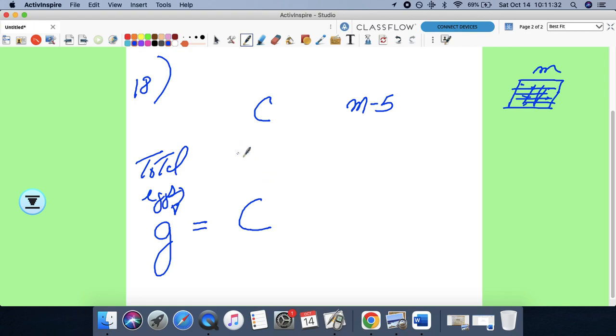So if you had 2 crates, it'd be 2 times M, M representing the total number of eggs in the crate. Or the number of crates times M actually would be better.